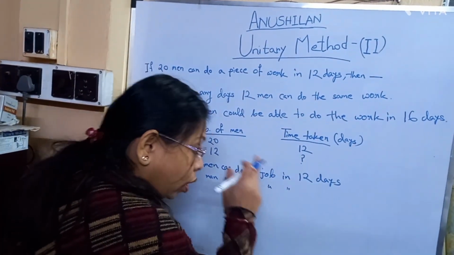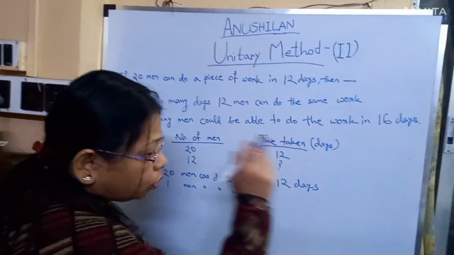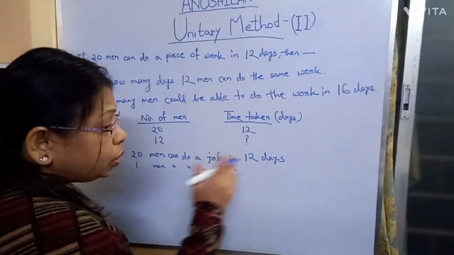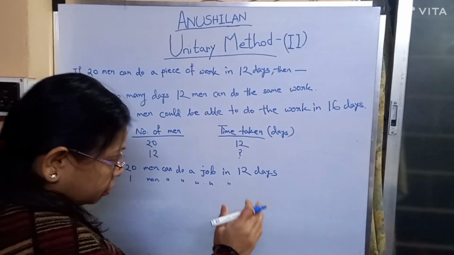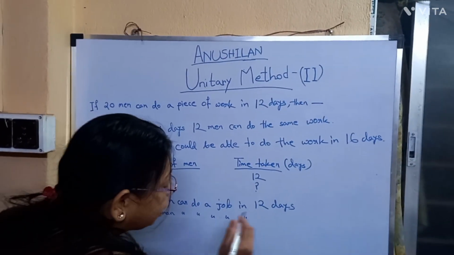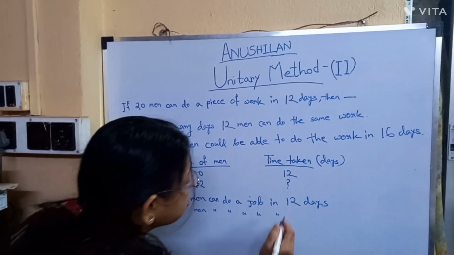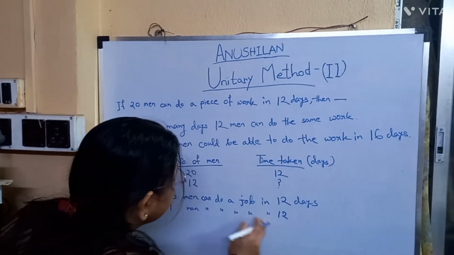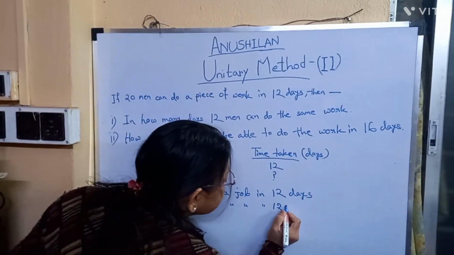Instead of 20 men, one man has to do all the work. So he or she will have to work more days to finish the work. Otherwise, he can't finish it. So, to calculate more, I will multiply.